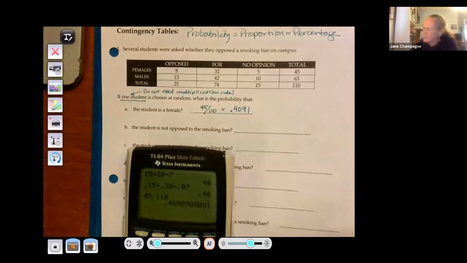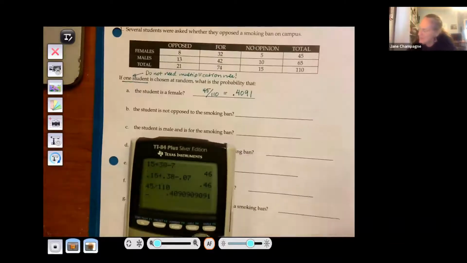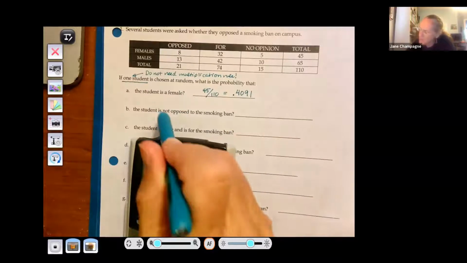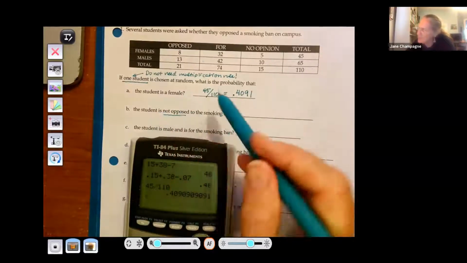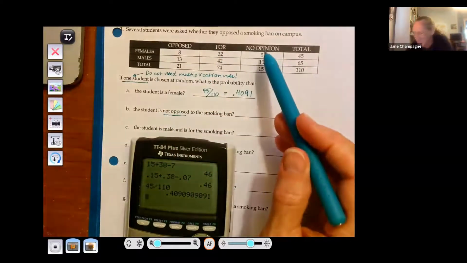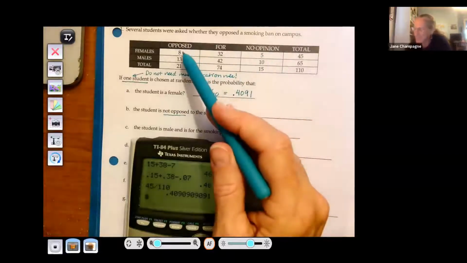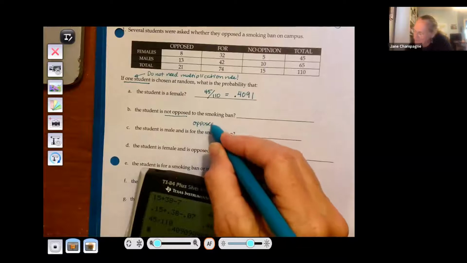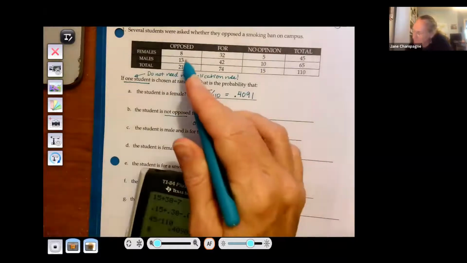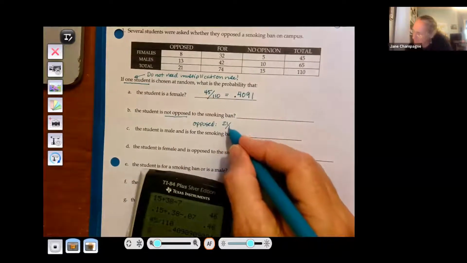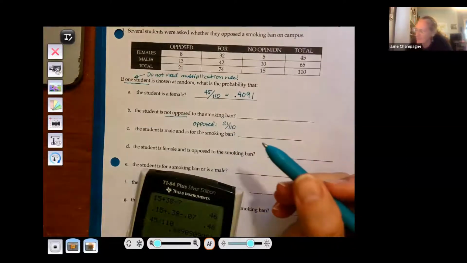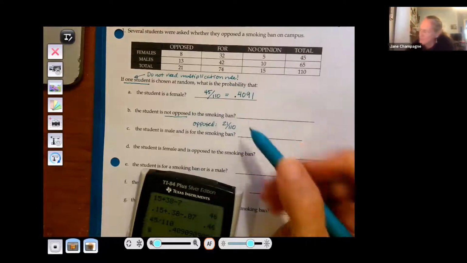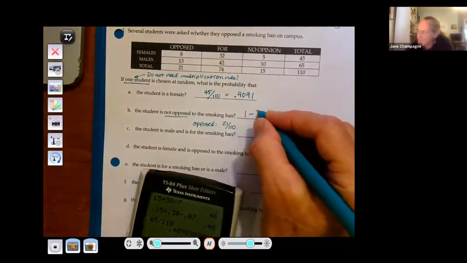All right. What's the probability that the student is not opposed? Not opposed. Oh, okay. Well, that's not one of these categories. Right? We have opposed. So opposed would be 21 out of 110. 21 are opposed out of 110. So not opposed would be 1 minus that.